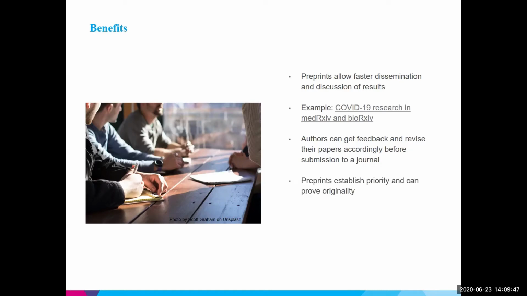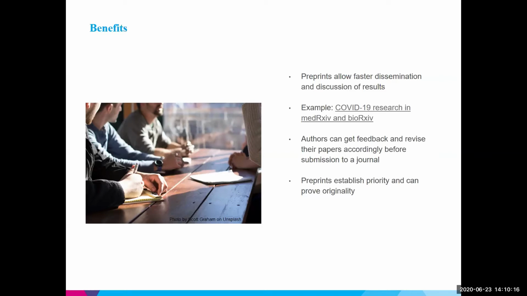In addition, preprints establish priority and can prove originality. So an argument is that posters and oral presentations at conferences already do this. And that's true. They may prove originality of ideas, but they're often not public, or they may not be detailed enough to prove an original idea.